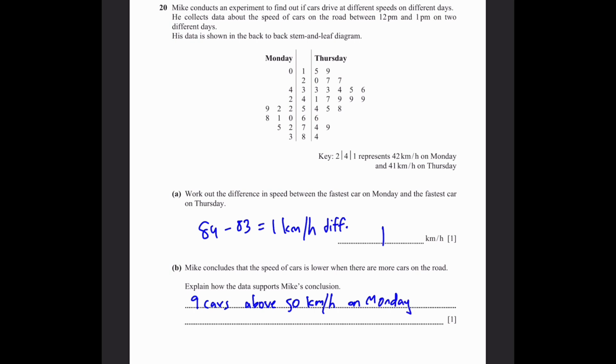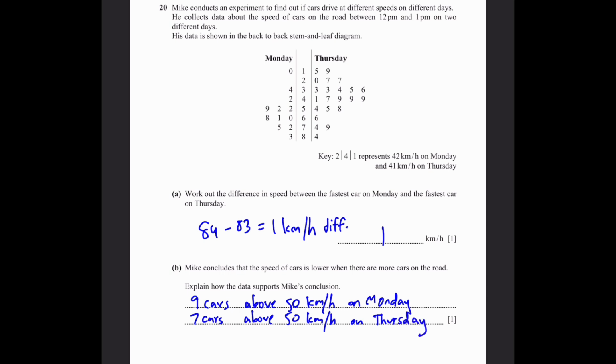And now we can look at the same thing on Thursday. So first, how many cars? 2, 5, 10, 15, 18, 19, 20, 22 cars. So that means out of these 22, these are not there, but above 50 kilometers per hour is this, meaning 3, 4, 6, 7. So 7 cars above 50 kilometers per hour on Thursday.